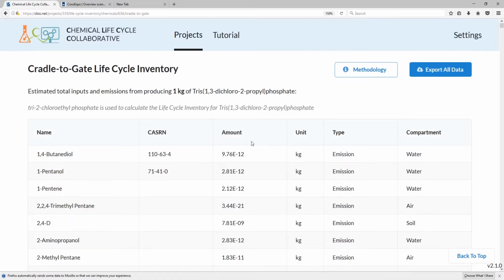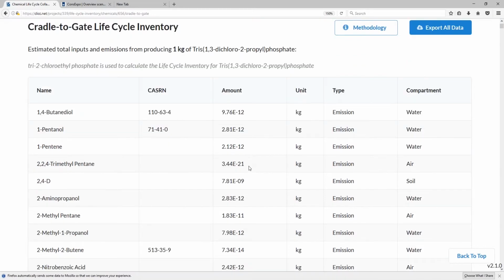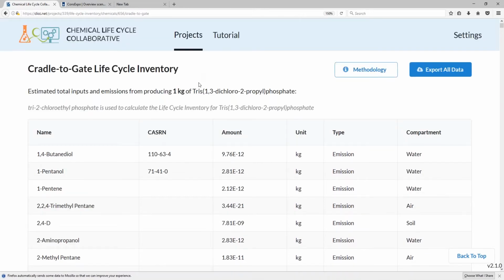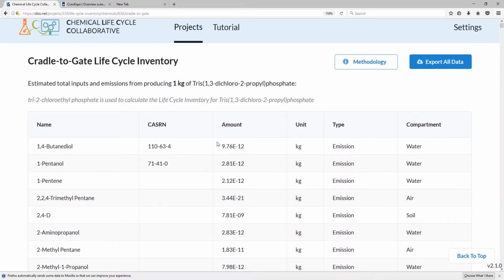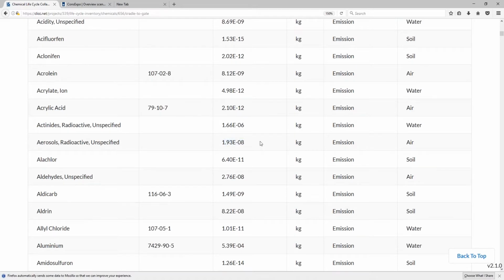That's the inventory for one chemical? One chemical, yes. So as I said, generally life cycle inventory contains multi-thousand elementary flows. But I'm seeing values of E-12 there, so elementary inputs. You mean really low input?